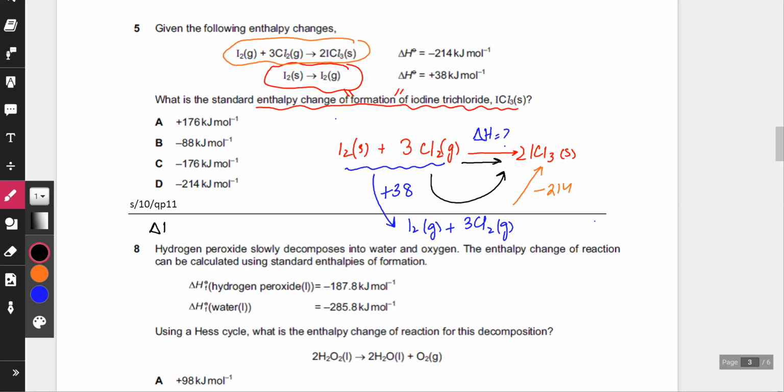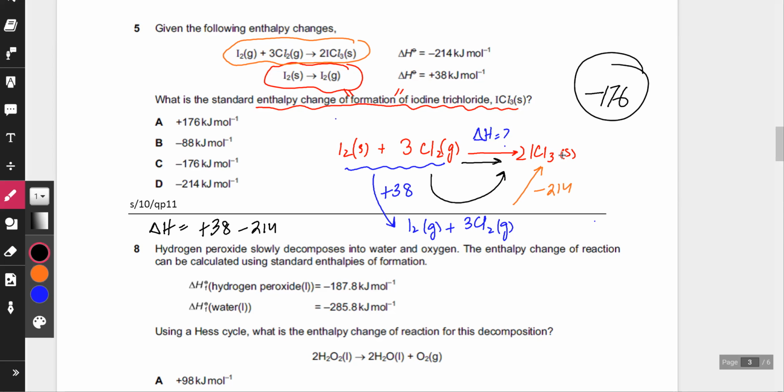So your delta H would be equal to plus 38 and minus 214, right? Is that clear? So you're getting what? Minus 176. So that's the value that you're getting.